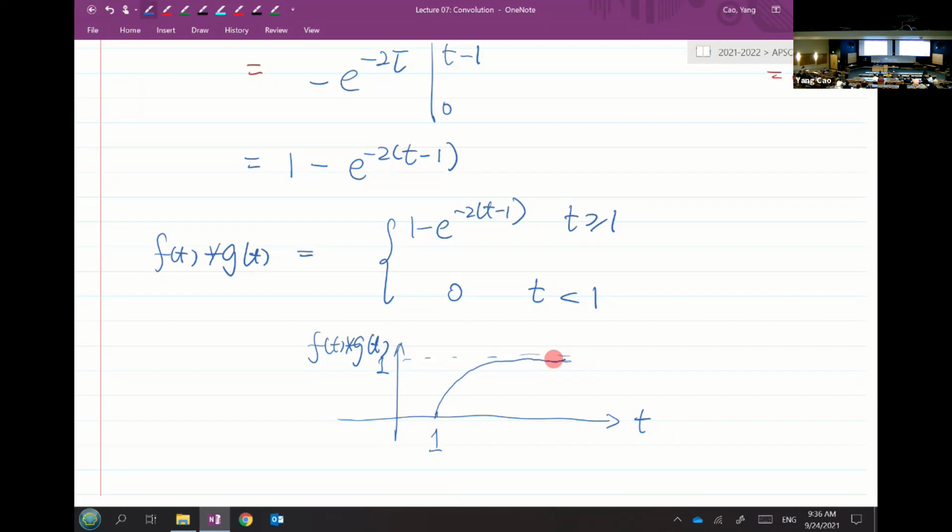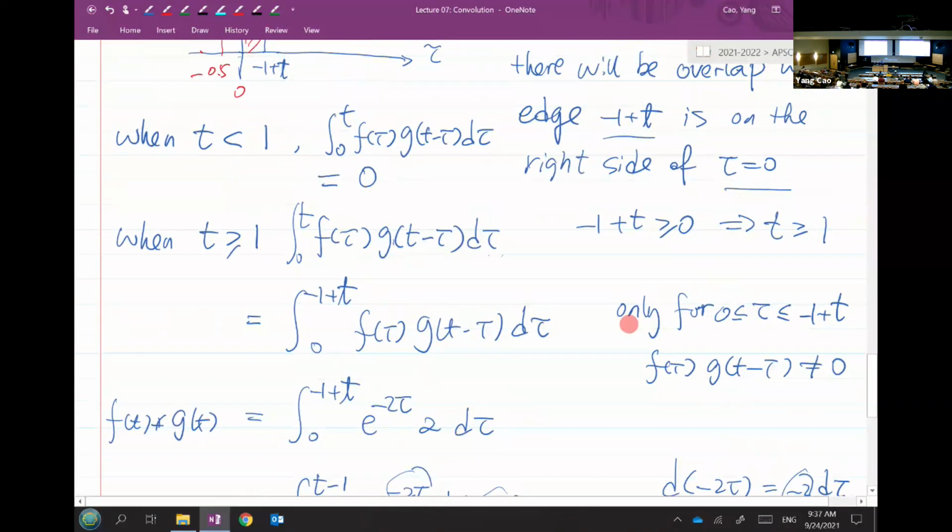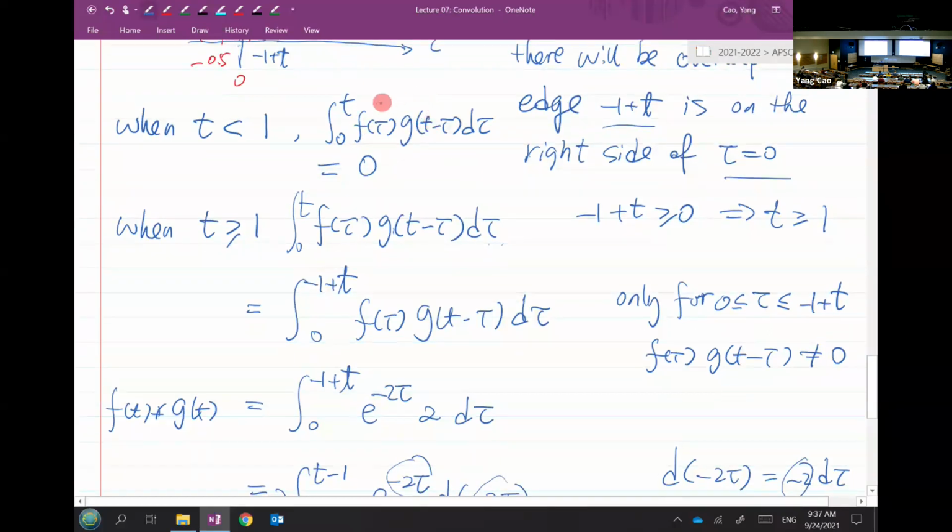Now, if I use a very simple concept that you have probably accepted in the past, when you do the integral, we all understand the result of the integral gives you the area under the integrand. In this case, the integrand is the multiplication of 2 functions.